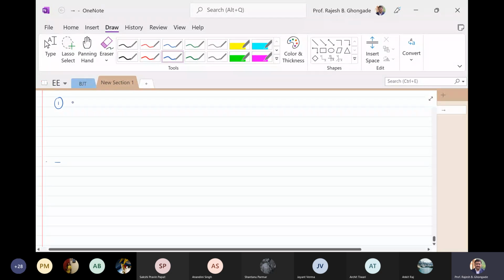So it resembles PN junction diode characteristics in forward bias.